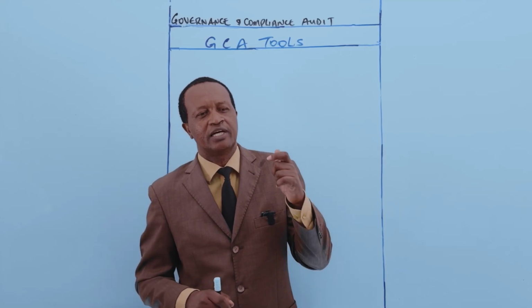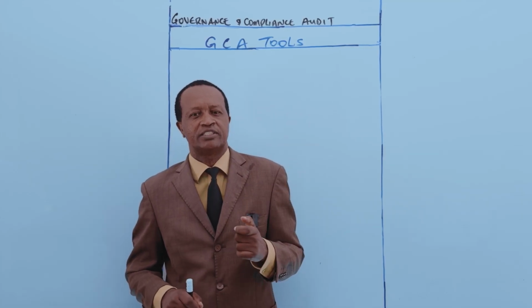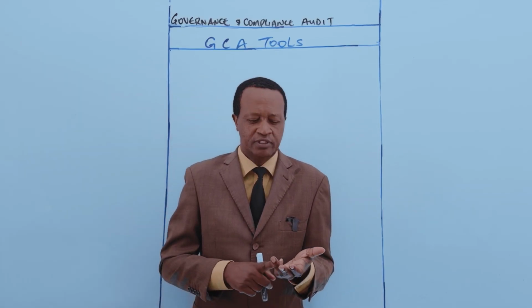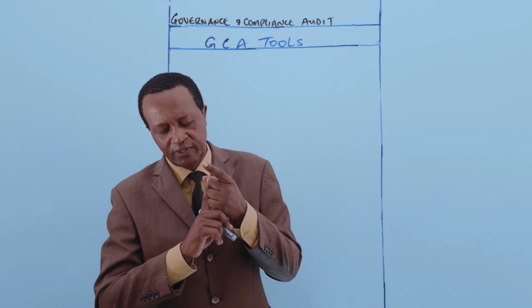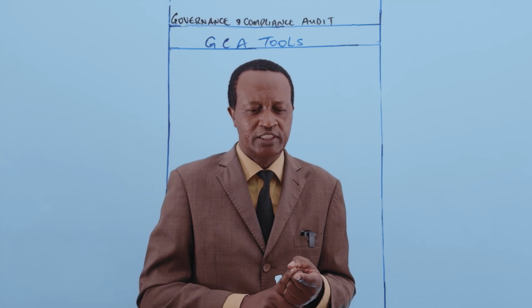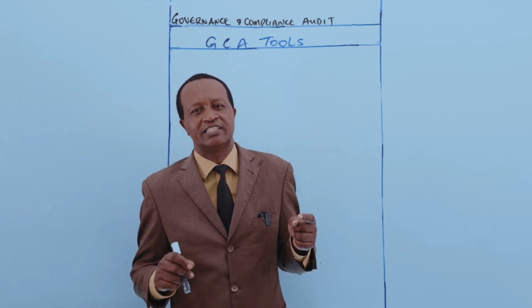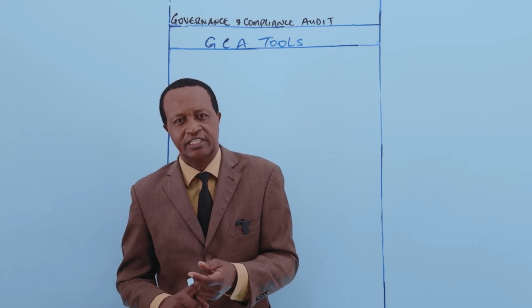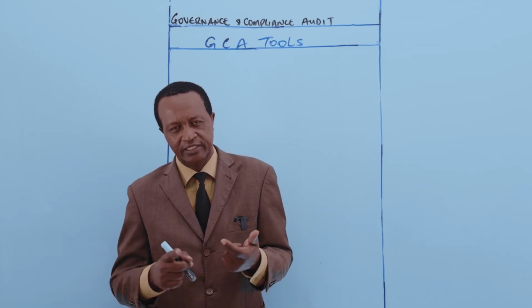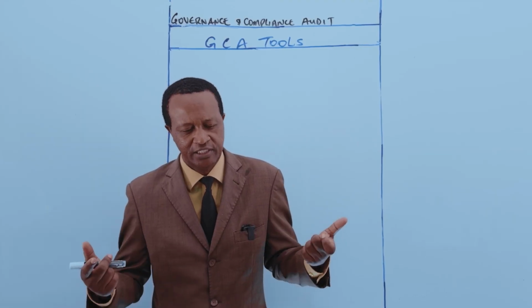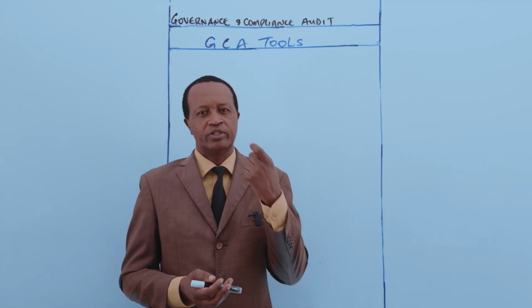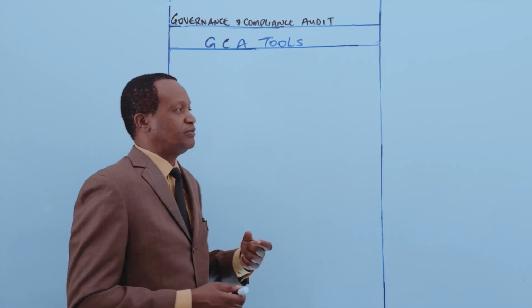GRC stands for governance, risk, and compliance. We have the governance, risk, and compliance software. The third category of tools that we are going to analyze in today's lesson is the data analytics and execution tools. Then lastly, there is the evidence and communication tools. So let's begin with the governance and management tools.